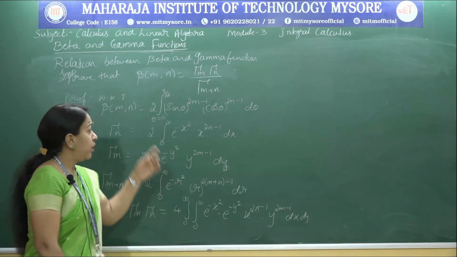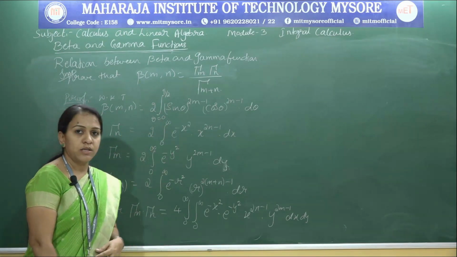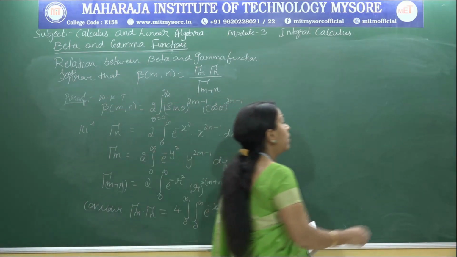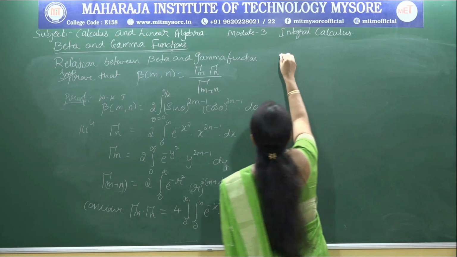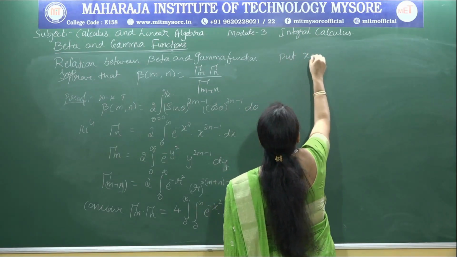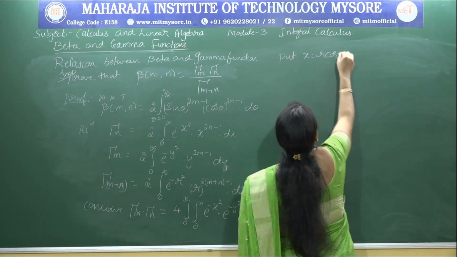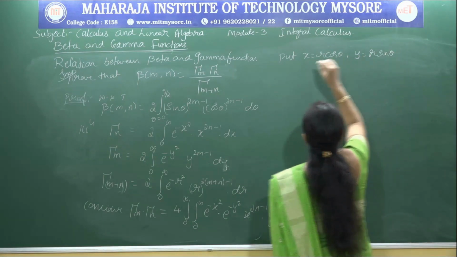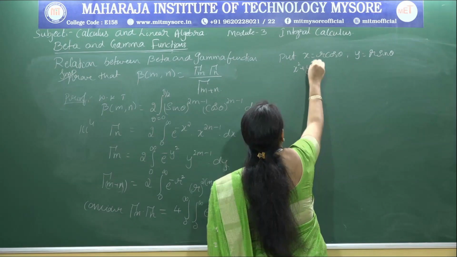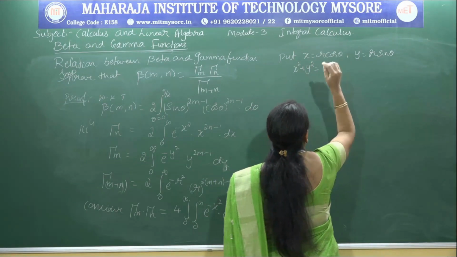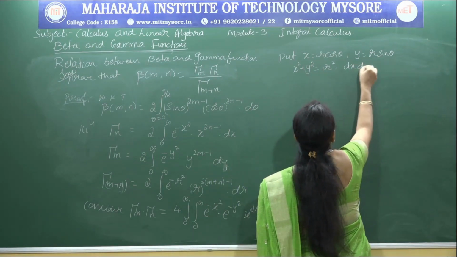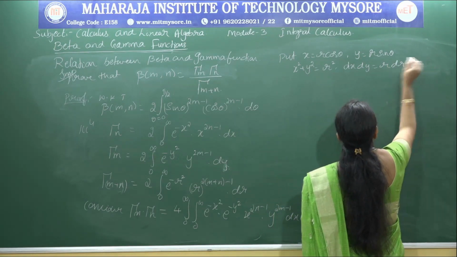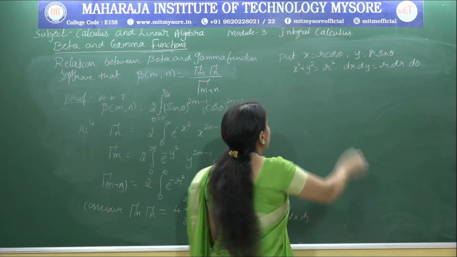So to get that result, we define beta in terms of sin and cos. So let me represent x and y in terms of r cos theta and r sin theta. So now put x equal to r cos theta and y equal to r sin theta, so that x square plus y square equal to r square, and we know that dx dy will be r dr d theta, which is a polar form, right?